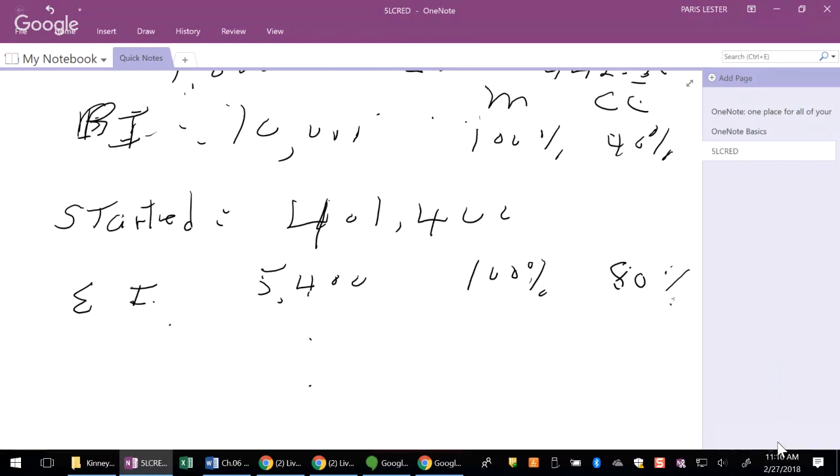If you want to find the amount transferred out, just take your beginning inventory of 10,000 plus started 401,400 minus your ending inventory, and you'll get transferred out. That's what the TO is. And I'll go ahead and give you that number, 406.